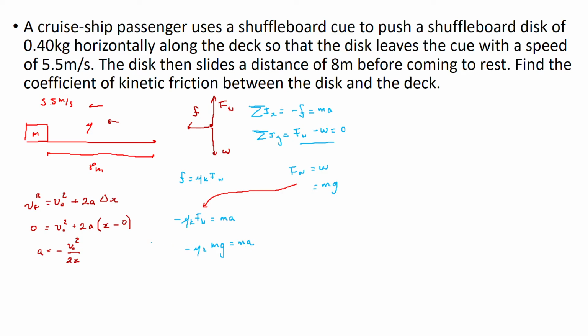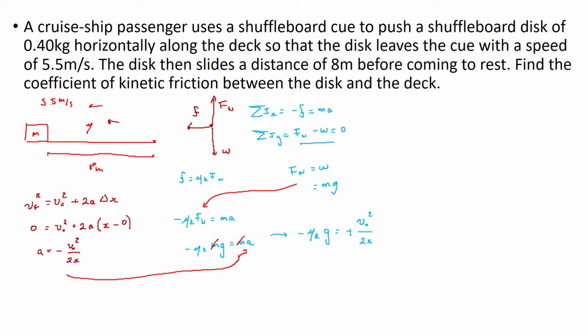From there, I know that the acceleration is equal to the expression we found, so I can substitute into the a over here. I can also notice that there's mass on both sides, so the mass cancels out. Substituting, I get minus mu k times gravity is equal to minus the initial velocity squared over 2x.